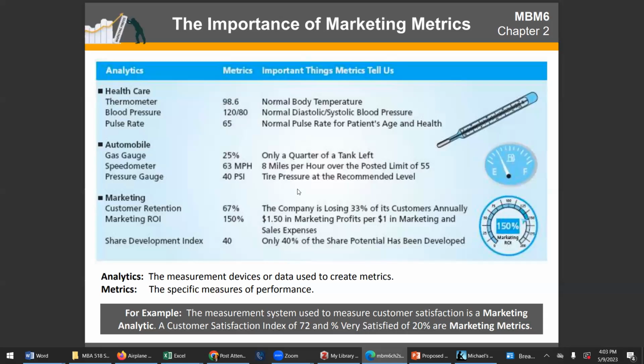Just didn't necessarily think about the business in the same way. So again, that's why being able to tie these marketing metrics to financial metrics is so important.